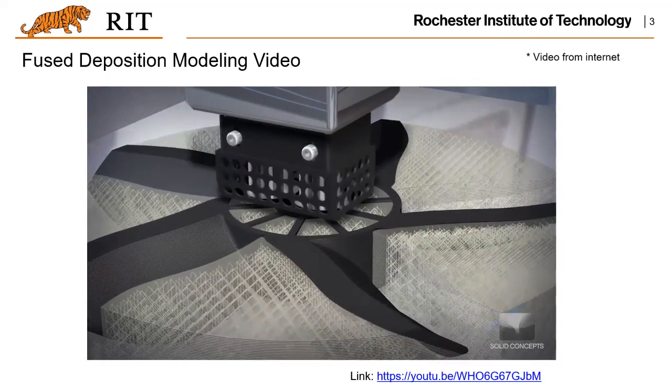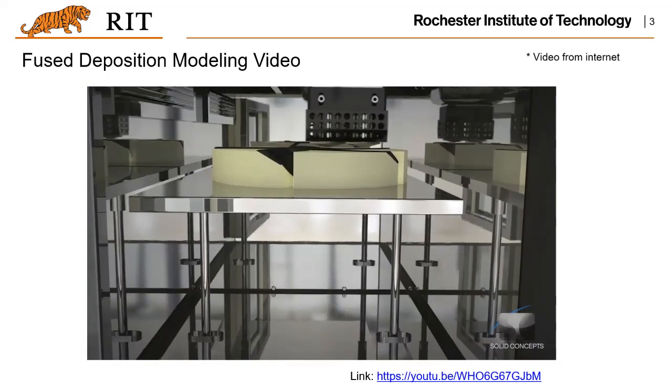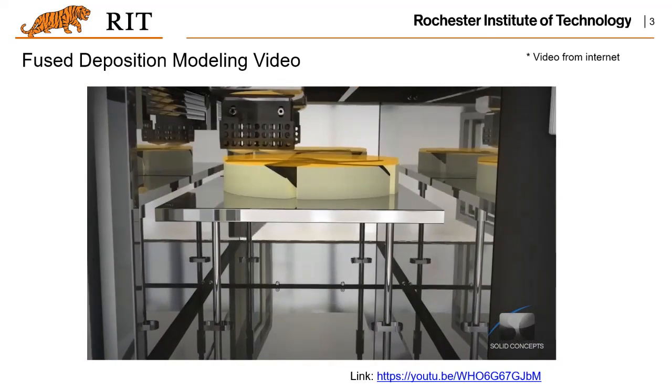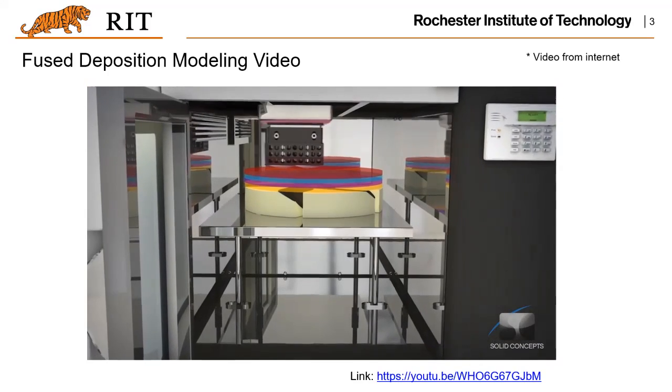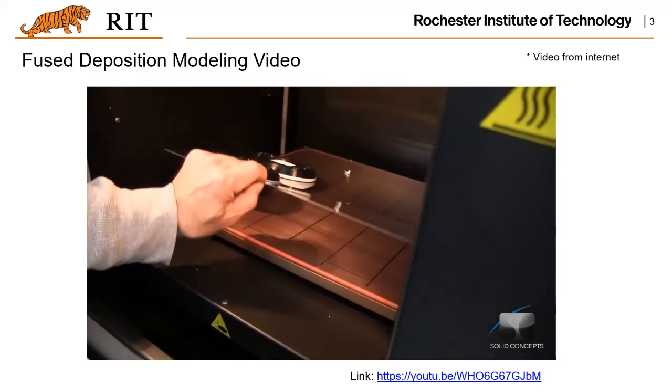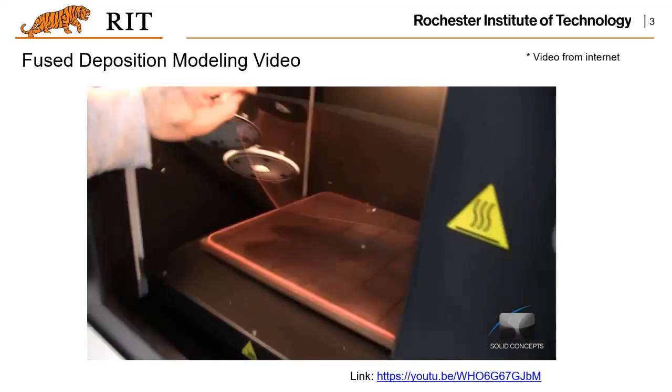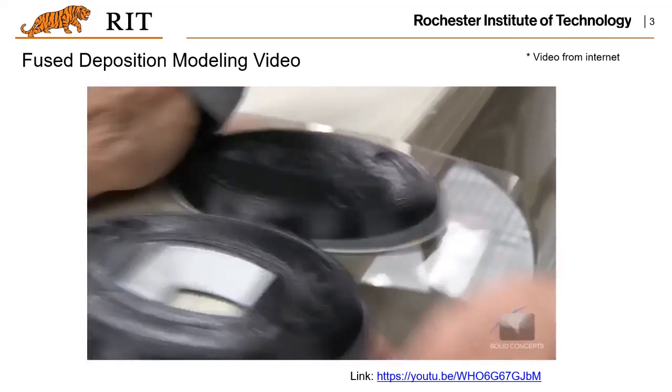The extrusion nozzle continues to move in a horizontal XY plane while the build platform moves down, building the part layer by layer. The finished part is removed from the build platform and cleaned of its support material.